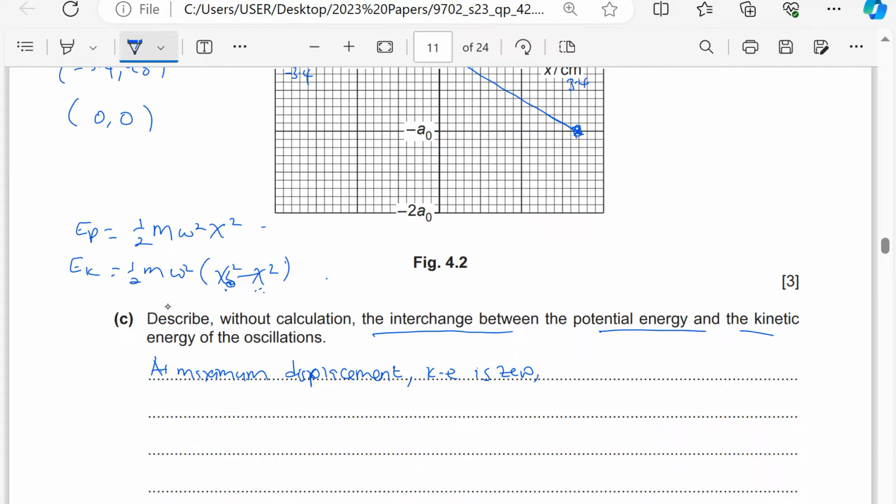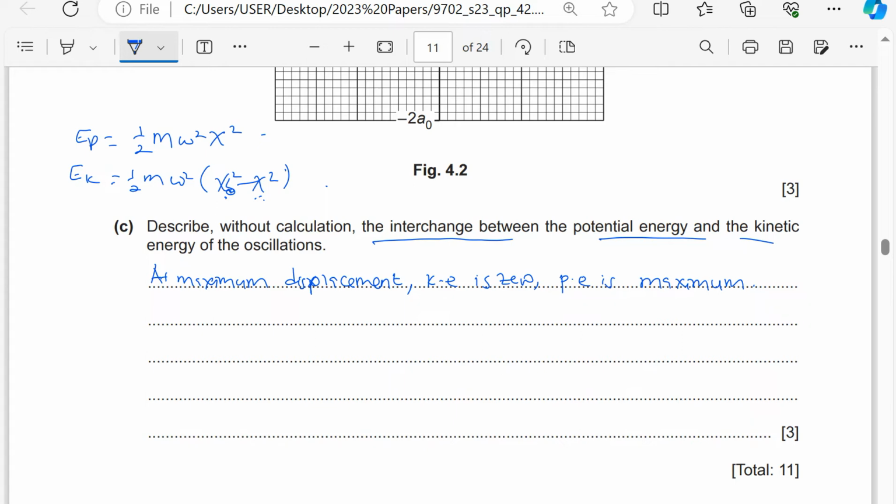Then when x is equal to x naught, potential energy is maximum. Then at 0 displacement, that is when x is equal to 0, the reverse is true.